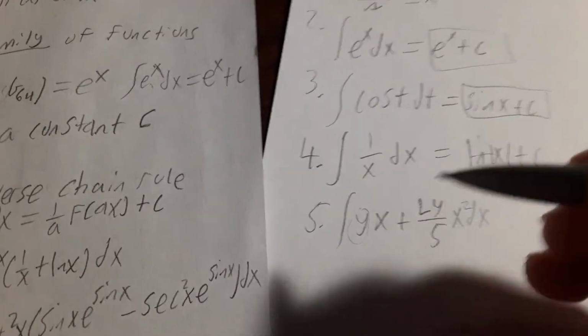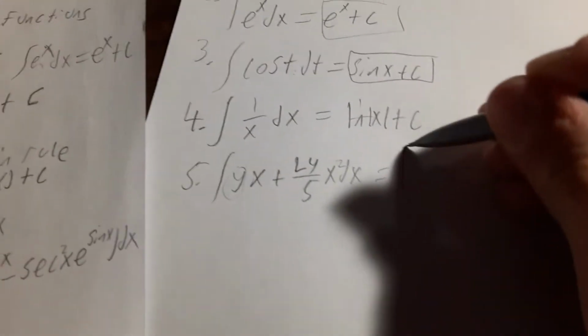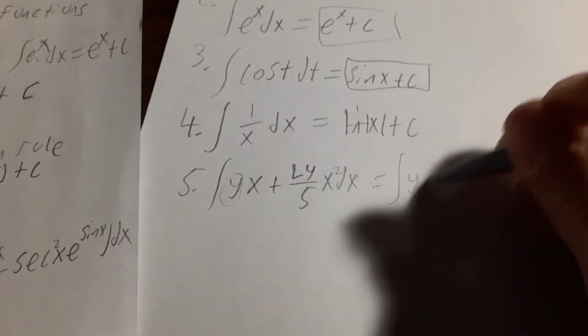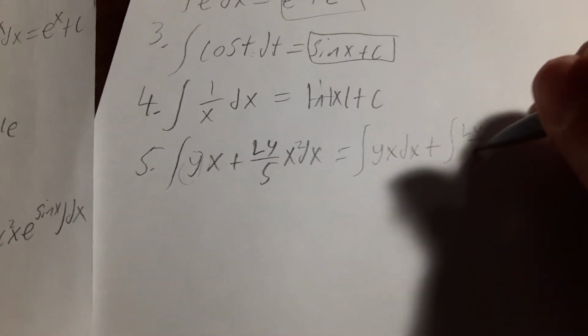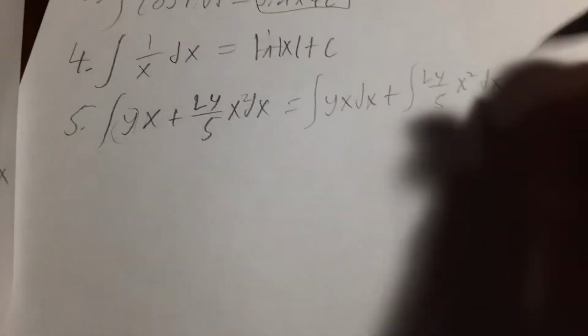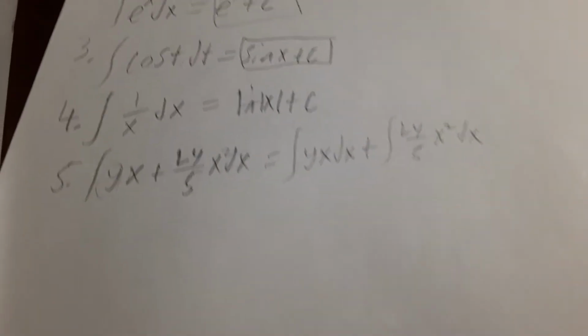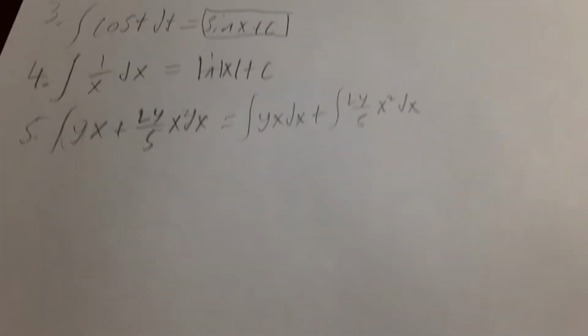We can actually, well, first off, we can split this into 2 individual antiderivatives. This will be the integral of yx dx plus the integral of ly over 5 x squared dx. That is a rule we can use, and we can sort of derive that from common sense using this rule over here.